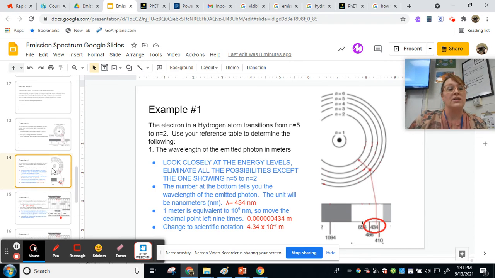Now, I want to do this answer in meters because they said, what is the wavelength in meters? So when I need to convert nanometers to meters, we just jump our decimal point left 9 times. So that gives me 0.000000434, 6 zeros. And that's, of course, horrible to write.